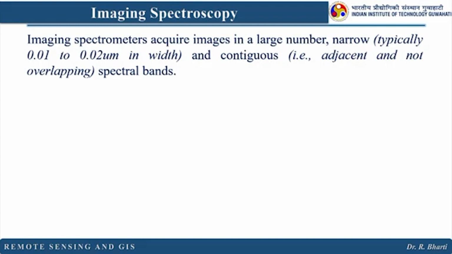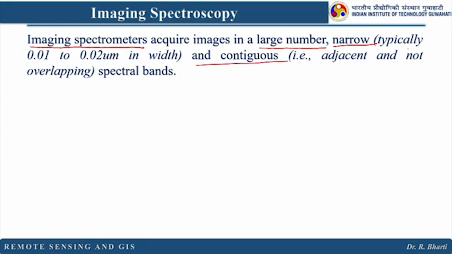It is very important, just understand this one. Initially we had spectroradiometers, now we have imaging spectrometers. The term has changed. Why? Because here we are going to produce images, with a large number of narrow and contiguous bands, right.